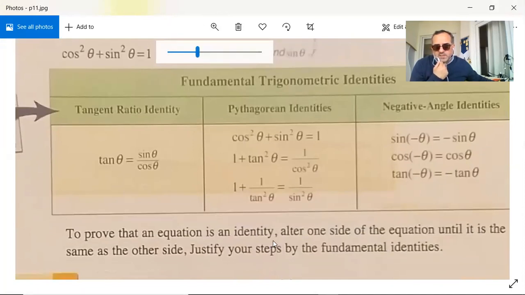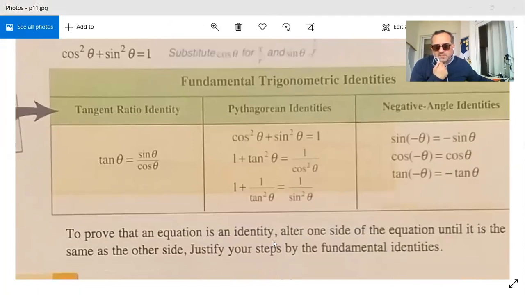The first identity is tan theta. Tan is equal to sine over cosine. Tan theta equals sine over cosine.